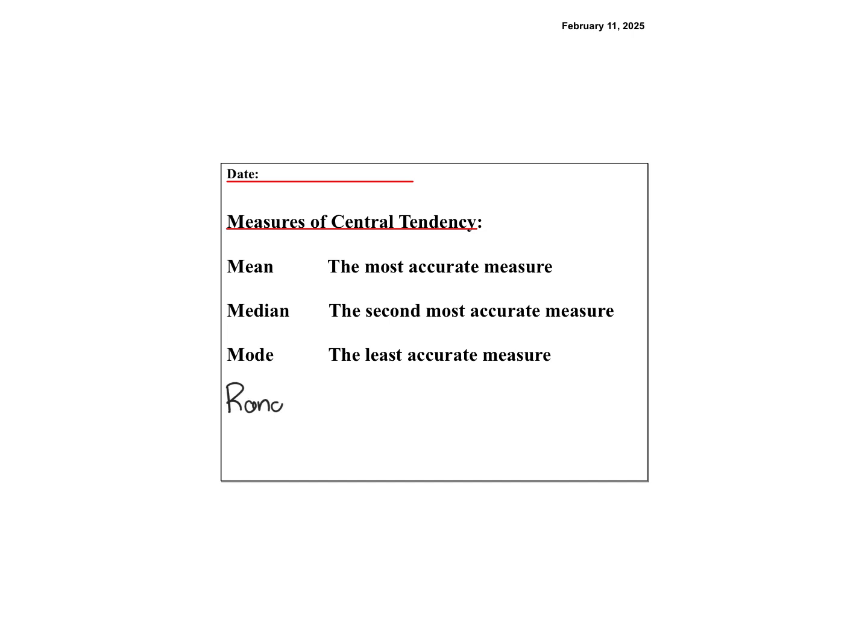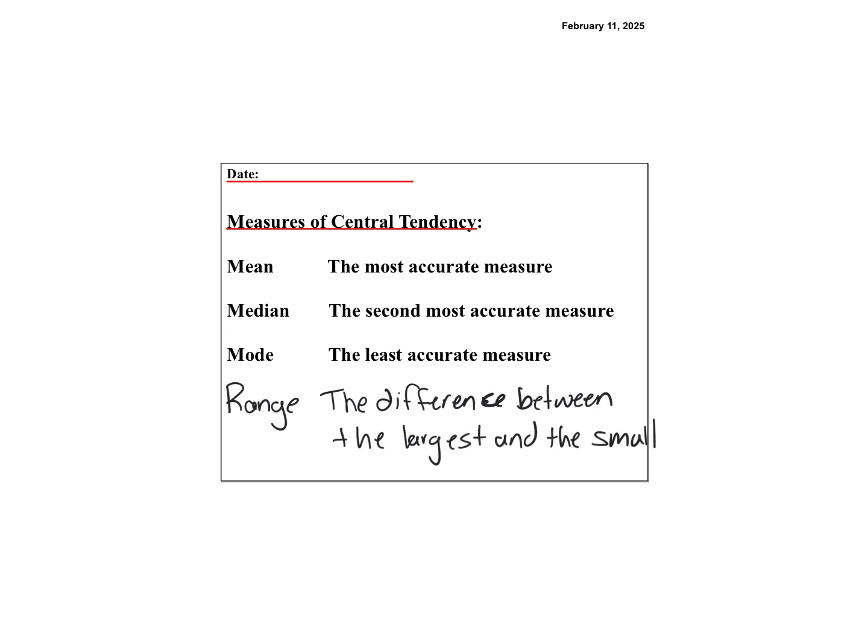And range is the difference between the largest value, or the largest, and the smallest value.